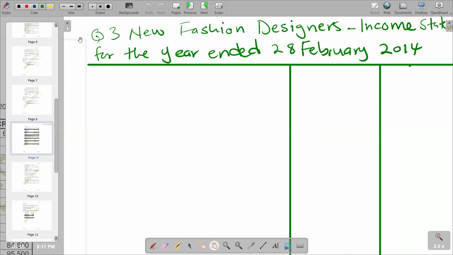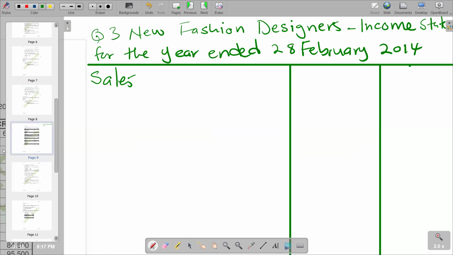Obviously, in this section, we are going to start with the figure for sales. We need to calculate the turnover or the net sales figure, whereby we take the total sales figure given in the pre-adjustment trial balance and see if there are any trade allowances or sales returns in the question that we need to subtract from the sales figure to get the net sales figure or the turnover.